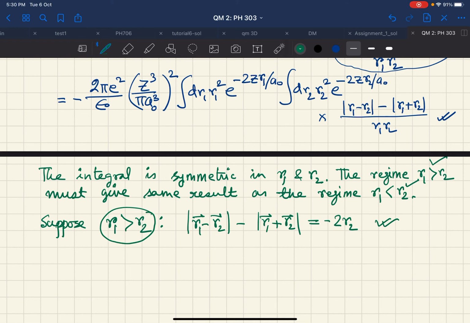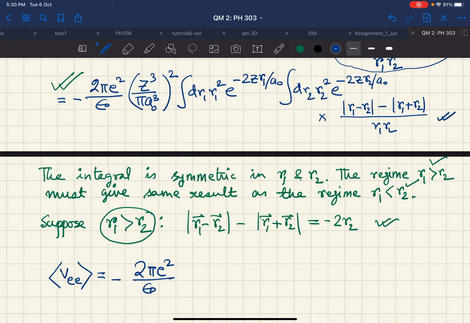So what will happen to this integral when we are writing this as r1 greater than r2? The expectation value of V_ee should be something like this. We had a factor of minus 2 pi e square by epsilon naught.